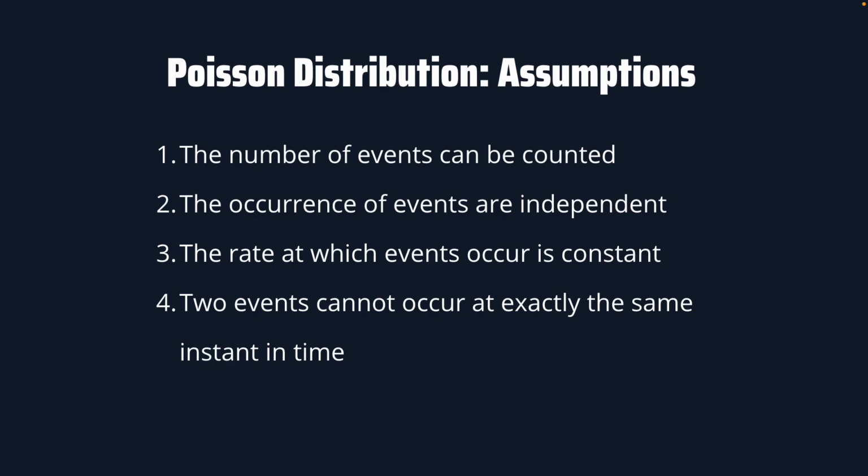Then we have the second one, and the second one says that the occurrence of events is independent. And this one also, our project follows this second assumption because the occurrence of one goal does not affect the probability of the occurrence of another goal. So we can say that 2 goals are independent.